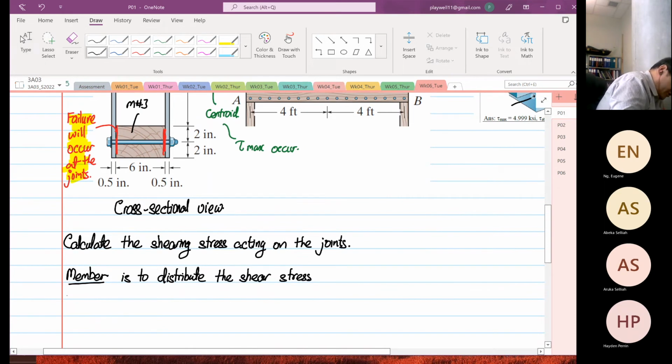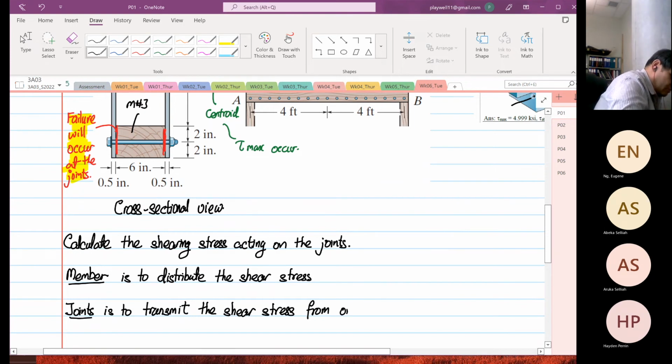Number two, the joints are to transmit the shear stress from one member to the other.